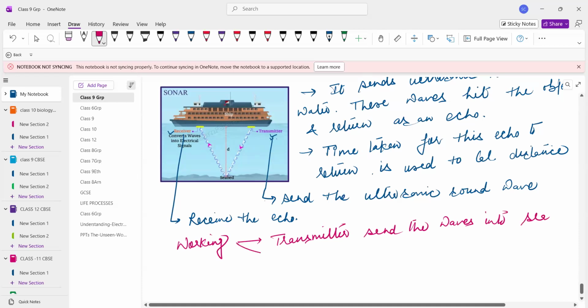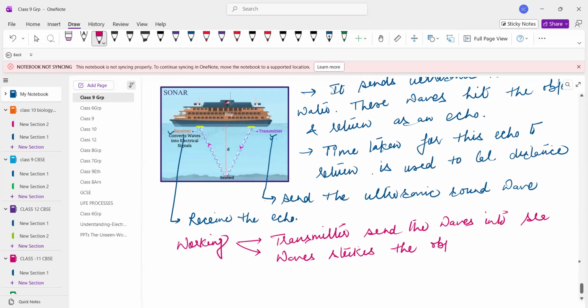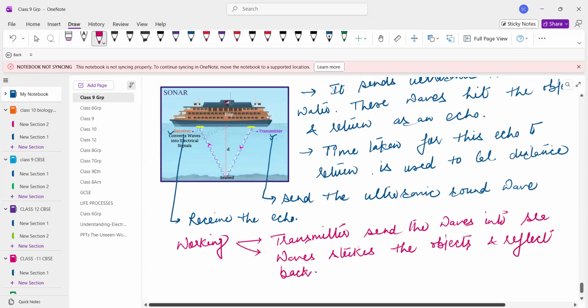Now, when these waves strike some object underwater, they will reflect back. Once they reflect back, this receiver will find the echo.